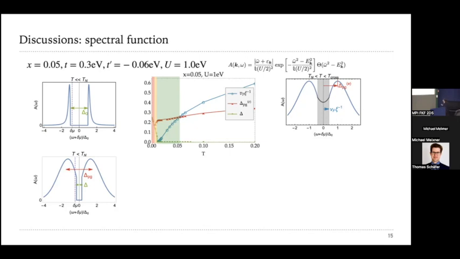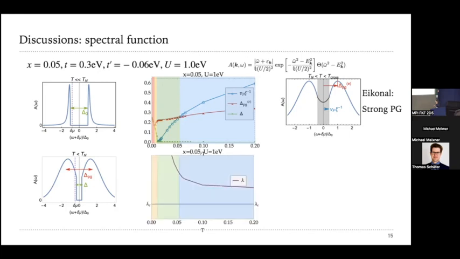And when frequency is smaller than the characteristic fermion energy, there will be spectral function filling in this gap, this minimum. And importantly, you can show that the pseudogap scale from this study doesn't depend much on temperature. This is a consequence of summing over the infinite series, and we denote this feature as a strong pseudogap behavior. And as temperature further increases, the system should recover to the normal Fermi liquid. But before that happens, the gap needs to shrink.